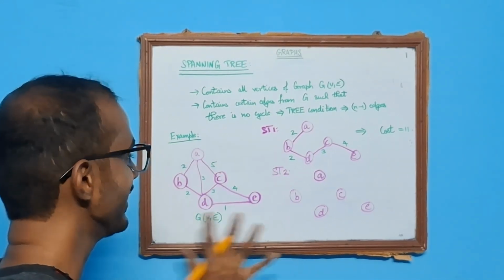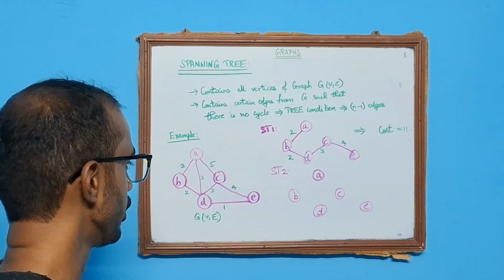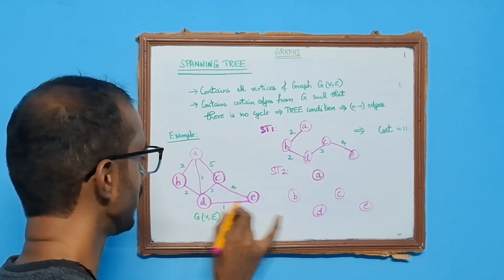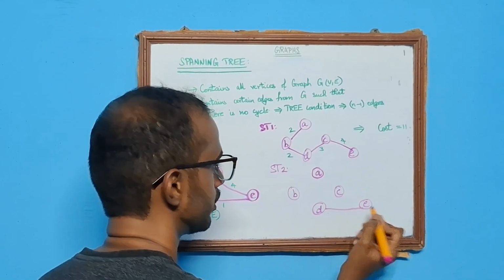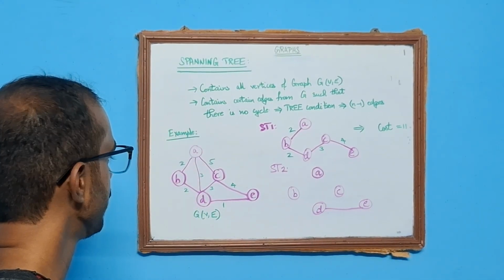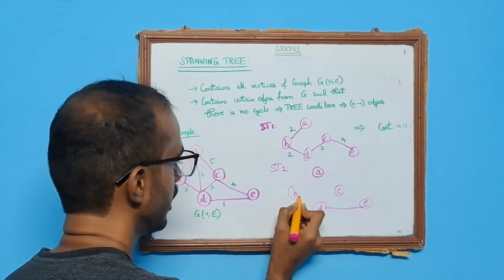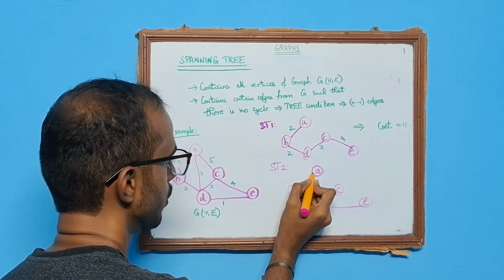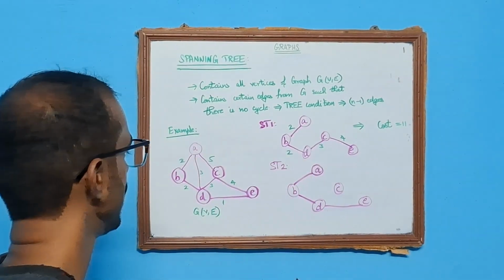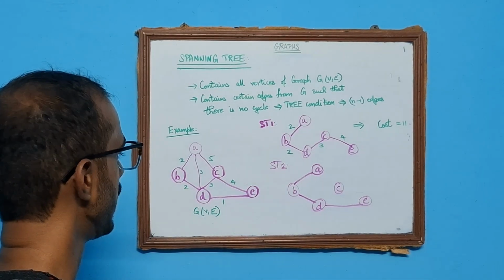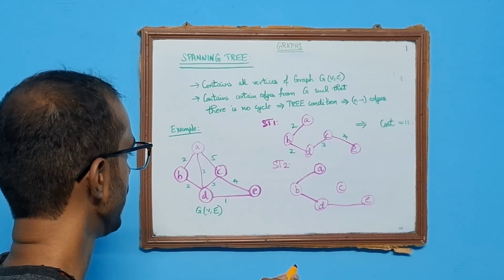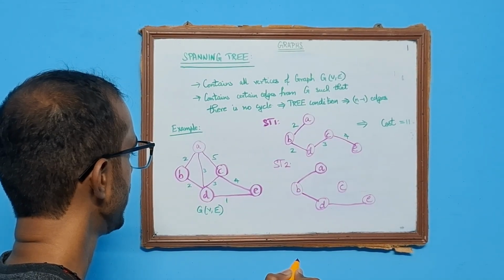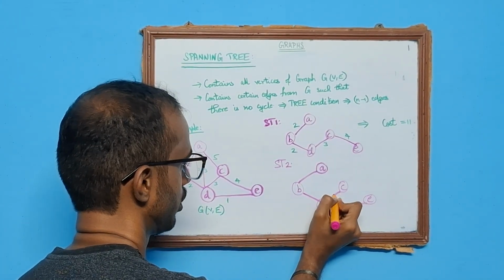But by looking at this, we can try to minimize the cost. This edge is obviously lesser, so I am drawing this edge here. Then by just looking, there is one more edge that needs to be added to connect to C, so we can add this edge.